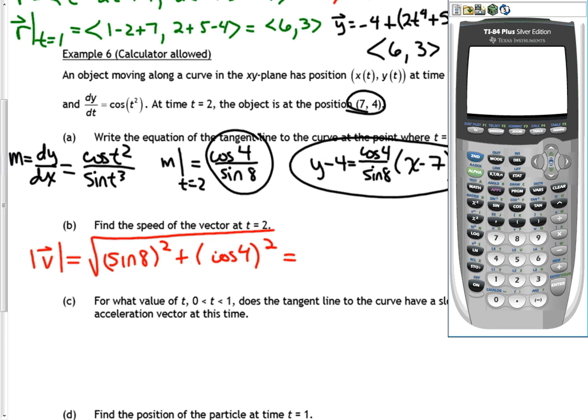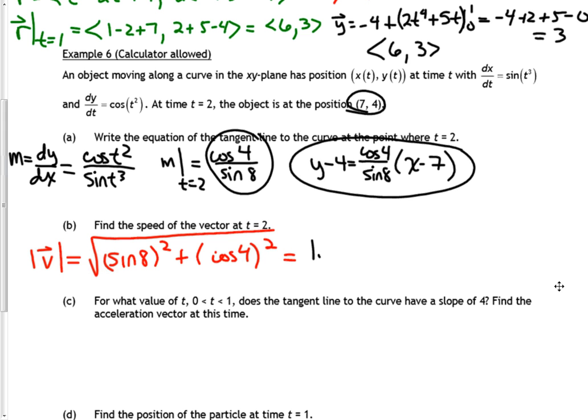So we should be in radian mode, and I'm going to do the square root of sine of 8 squared plus cosine 4 squared, and then I want to close my parenthesis. And I get 1.1857.